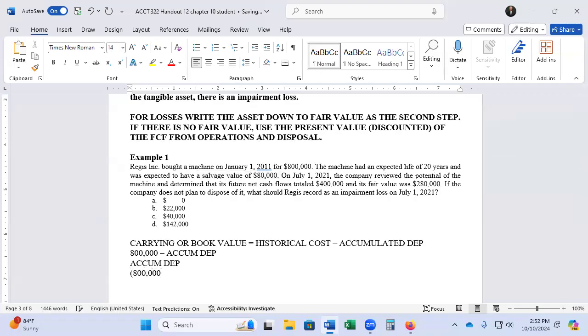We have 800,000 minus the 80,000 salvage value, and we divide that by the 20 years of useful life to get our per year depreciation. I get 36,000 per year.